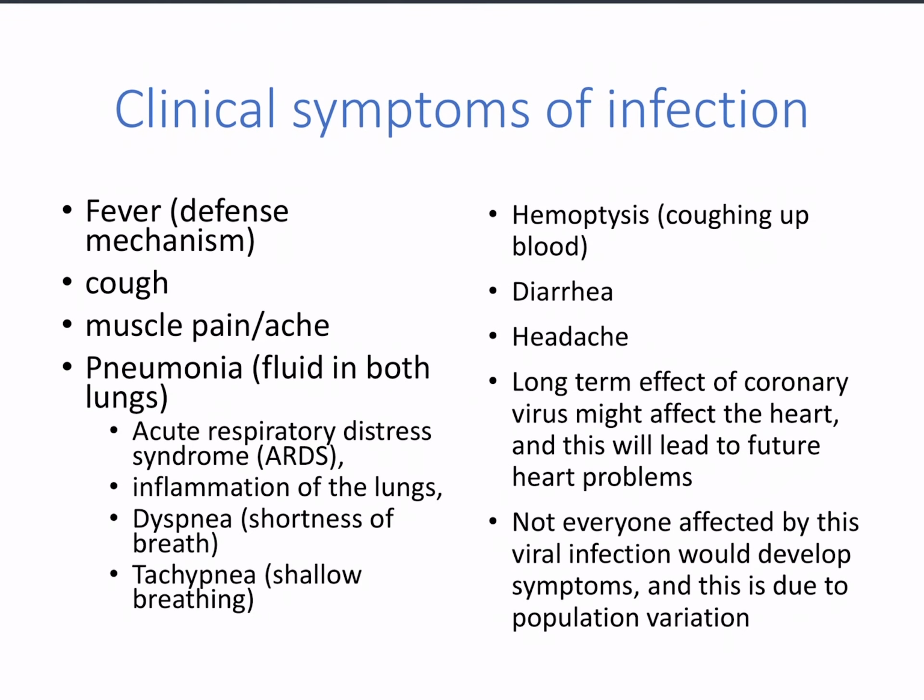Clinical symptoms of infection. Number one symptom is fever, and fever is also a defense mechanism for most everyone that gets an infection. Then we have cough, because this affects the respiratory system. There is muscle pain, ache, and pneumonia, which is fluid in the lungs, and this will cause acute respiratory distress syndrome, also abbreviated as ARDS.